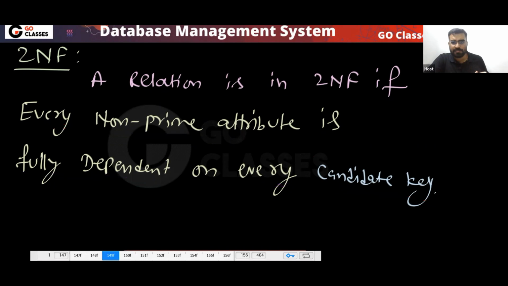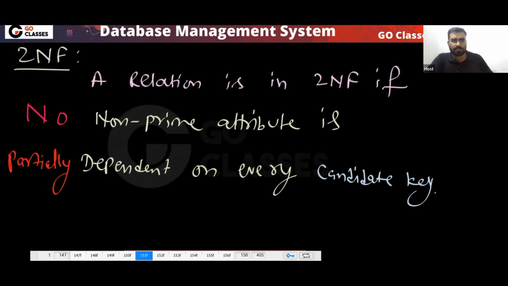Is this clear? So I can also say that a relation is in 2NF if no non-prime attribute is partially dependent on some candidate key. Is this clear?